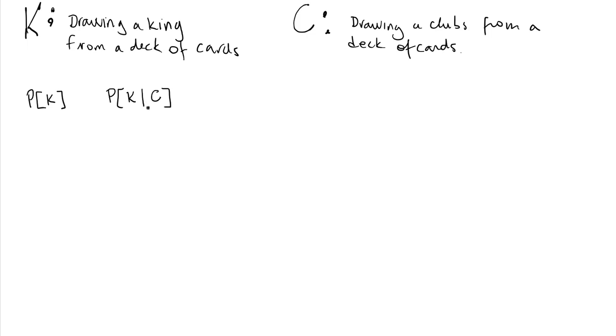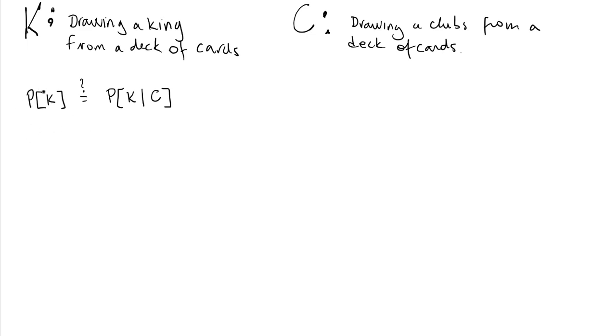Actually it doesn't change anything, because if you draw a club, you could have drawn any card. It doesn't make the chances of having a king bigger. So by reasoning, you can see that this is totally independent. But again, you can also check if this is the same, right? Let's do this verification.